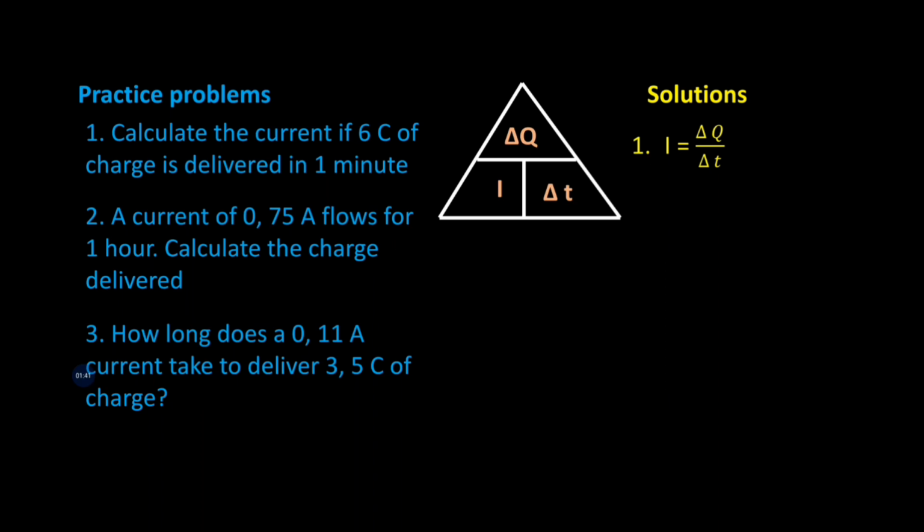In this question, the time is given in minutes. You convert the minutes to seconds. If the time is given in hours, convert the hours to seconds. So 6 coulombs divided by 60, because 1 minute is 60 seconds. This will give us a current of 0.1 amps.